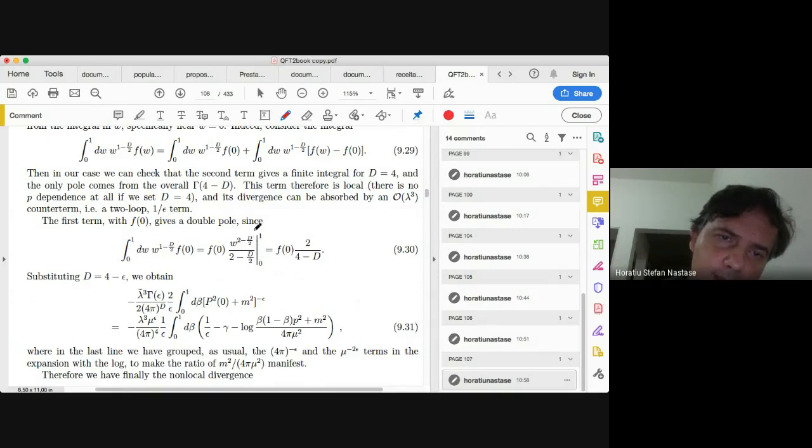So at 1 it's just a constant, but at 0 this becomes 2 over 4 minus d. So this becomes 1 over epsilon.